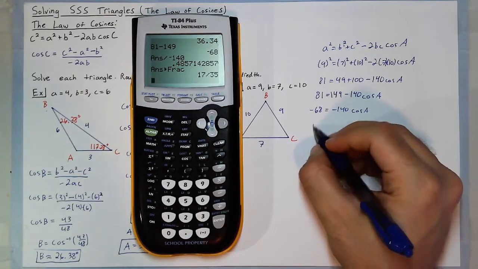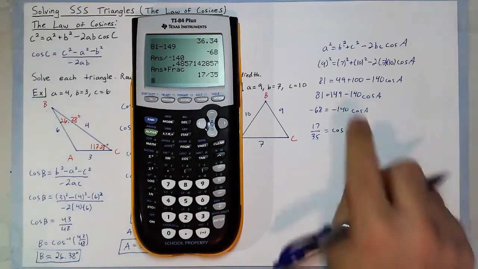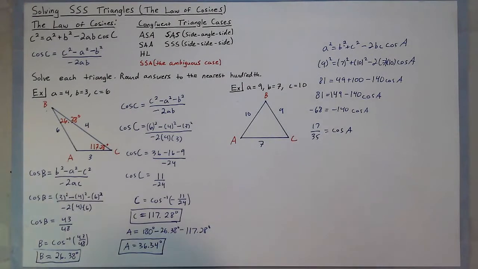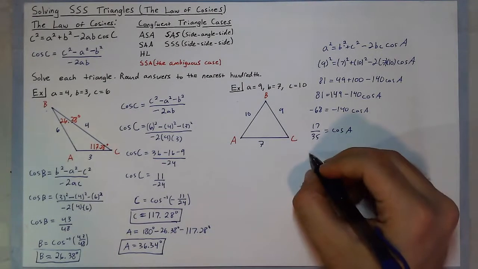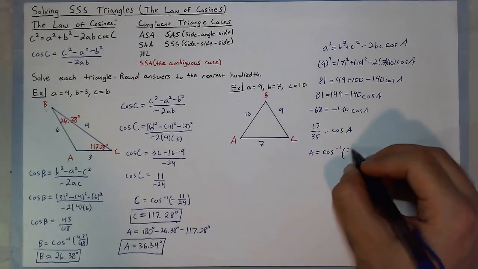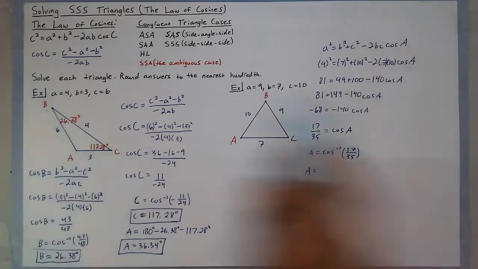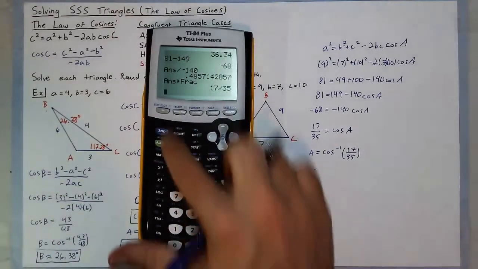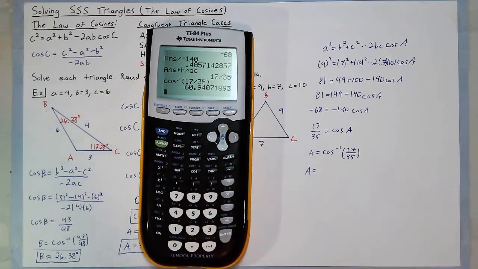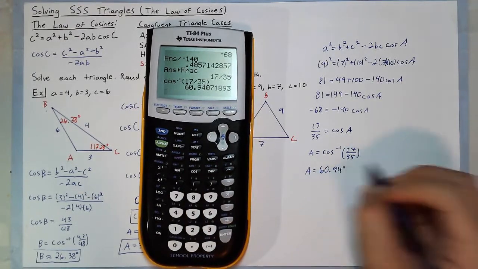So you would get 17 over 35 is equal to cosine of A, which you could have gotten if you moved it over to the left side and divided both of those numbers by 4. So now A is equal to the cosine inverse of 17 over 35. So A equals cosine inverse of 17 over 35, 60.94 degrees.